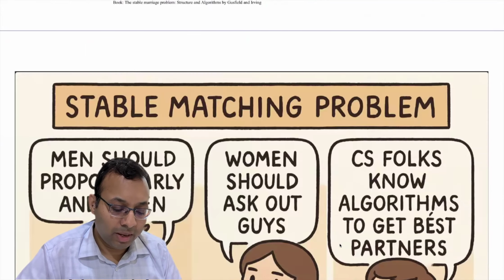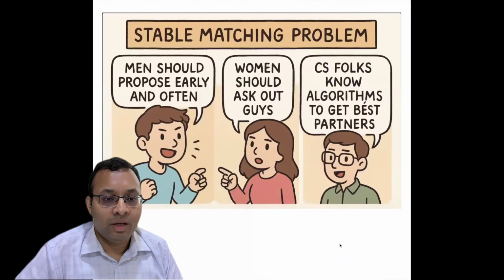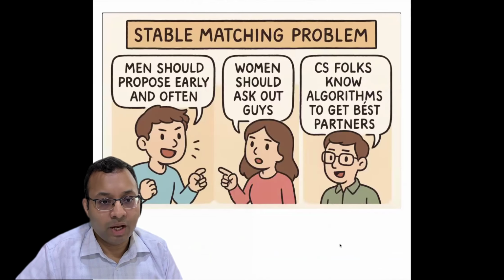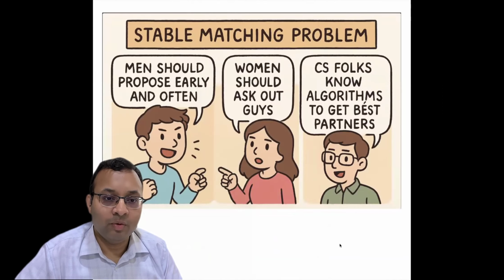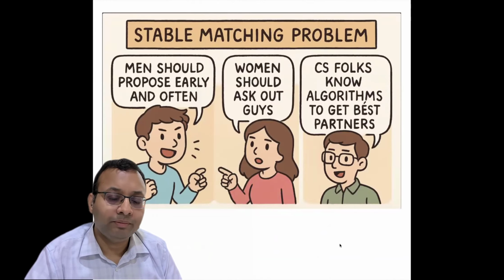What we learned about stable matching is summarized by this cartoon: men should propose early and often. The algorithm says that once a man is matched to his best valid partner, he will not break that bond. So you have to reach your best valid partner as soon as possible. You have to propose multiple times, because you'll be rejected by the top preferences, and only then will you reach the best valid partner.